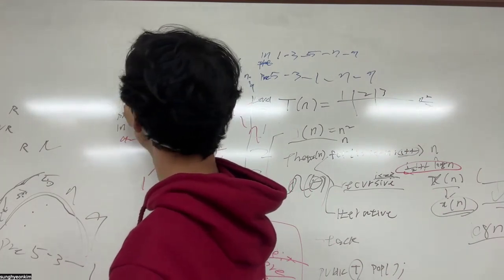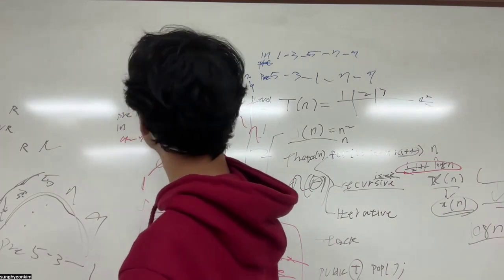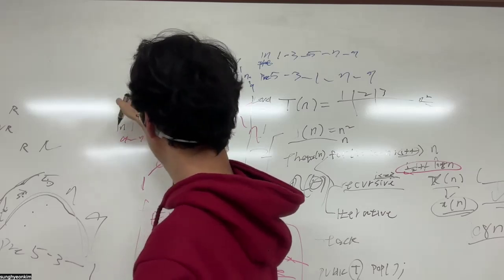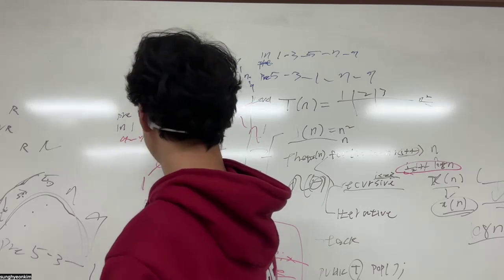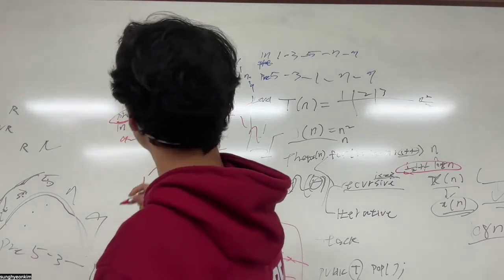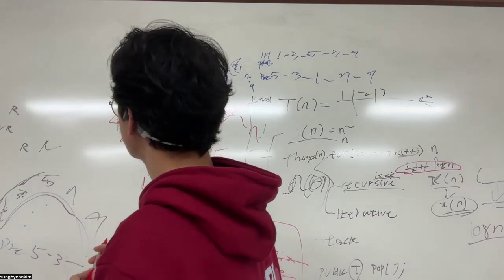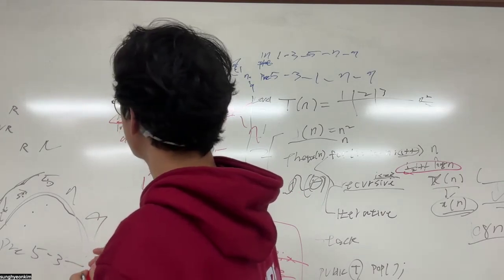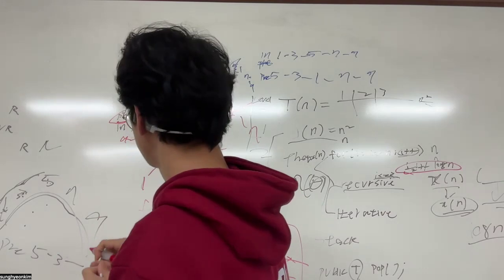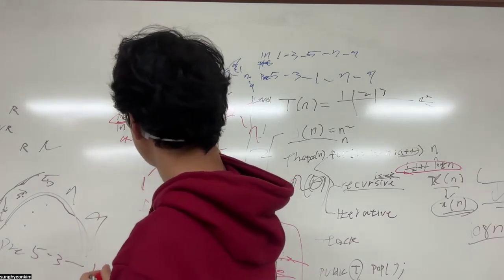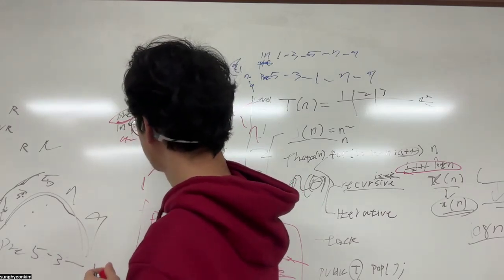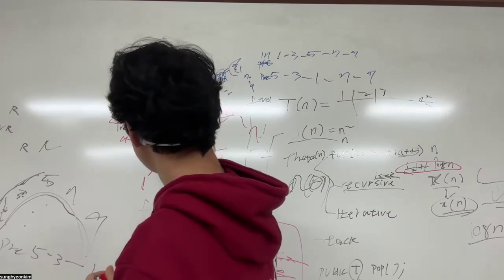Pre-order will be node, left, right: 1, 3, 5, 7, 9, and in-order case, left, node, right: 1, 3, 5, 7, 9.